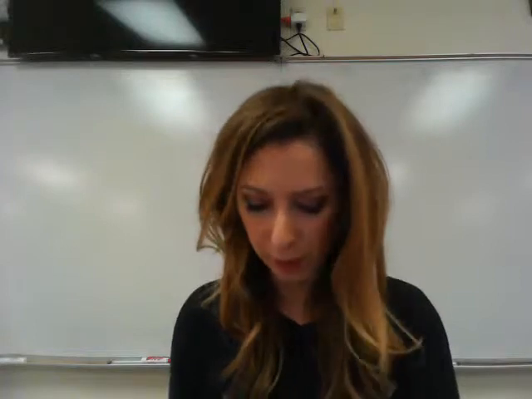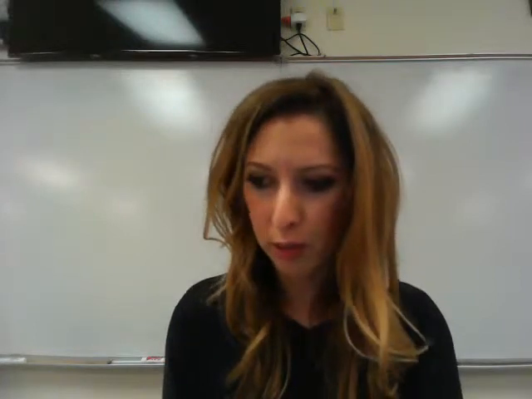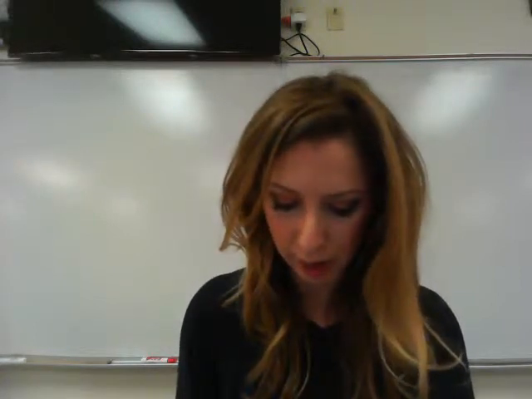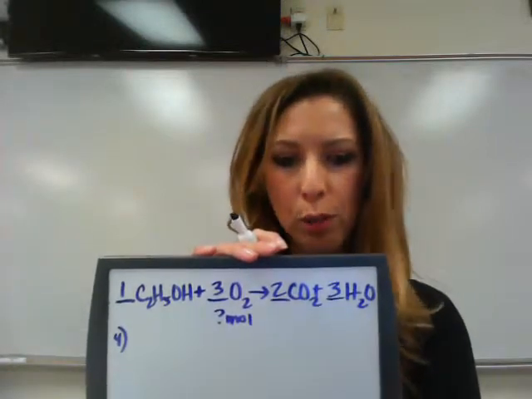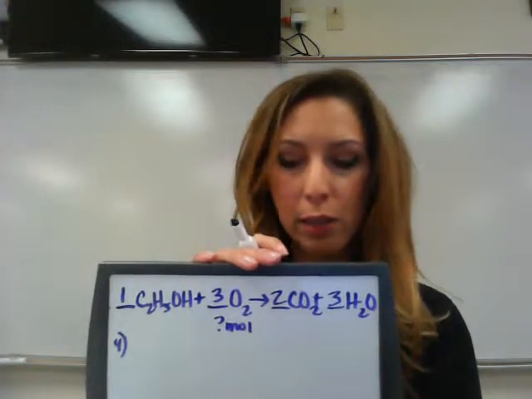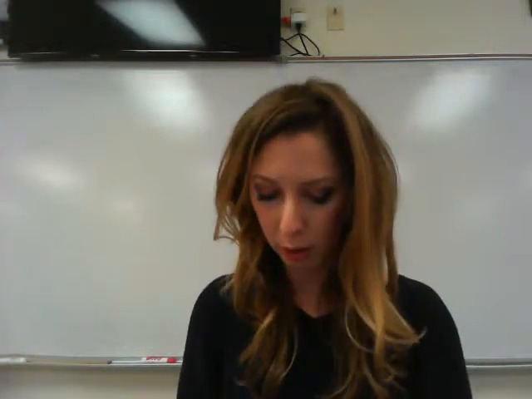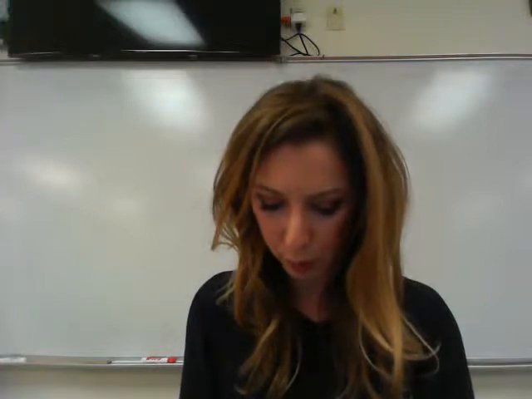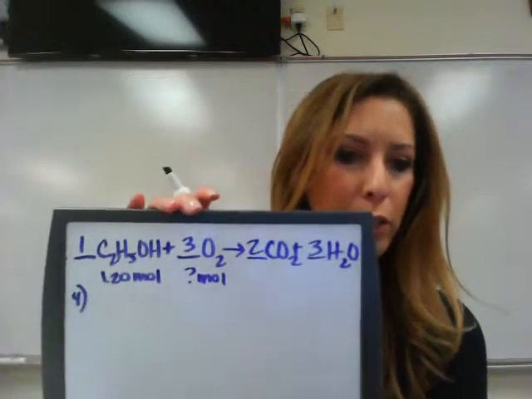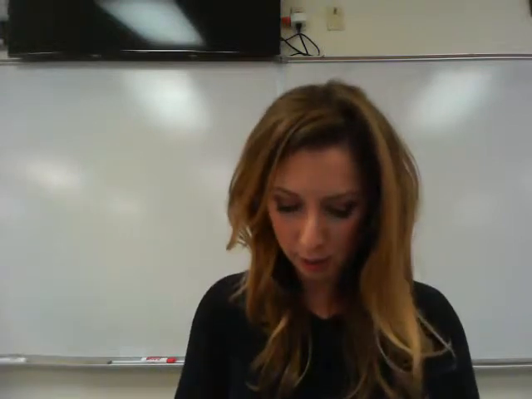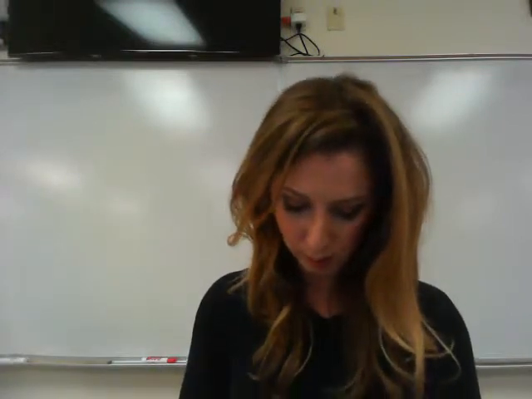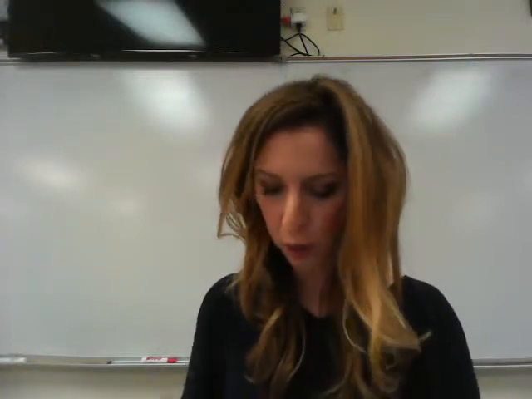And you use this to do number 4 and number 5 in the chapter handout. So number 4 says determine the number of moles of oxygen gas. So I'm going to put a question mark moles underneath oxygen gas required to burn 1.20 moles of ethyl alcohol, which is C2H5OH. So I'm going to put 1.20 moles underneath C2H5OH like this. Now we're going to set up the grid, which looks like this.